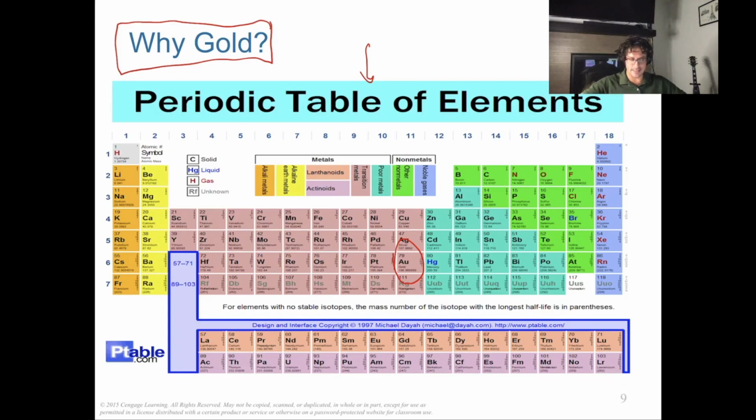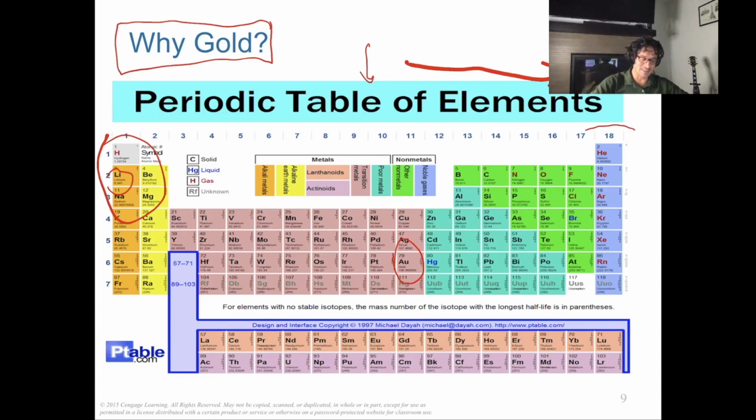First of all, you want an element that is stable. The more you move towards the right, the more stable the elements get. Things on the left, like lithium, catch fire with air. So this clearly could not be used as money.